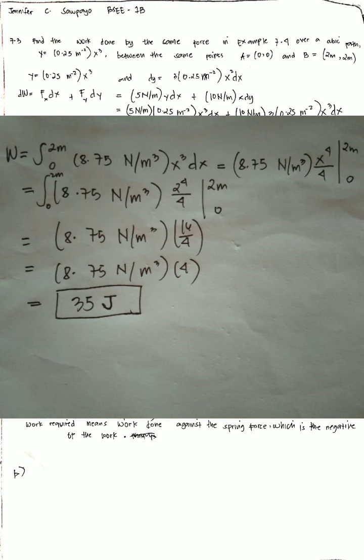Therefore, the work done by the same force in example 7.4 over a cubic path y equals (0.25 m^-2) x³ between the same points a equals (0, 0) and b equals (2 m, 2 m) is equal to 35 joules.